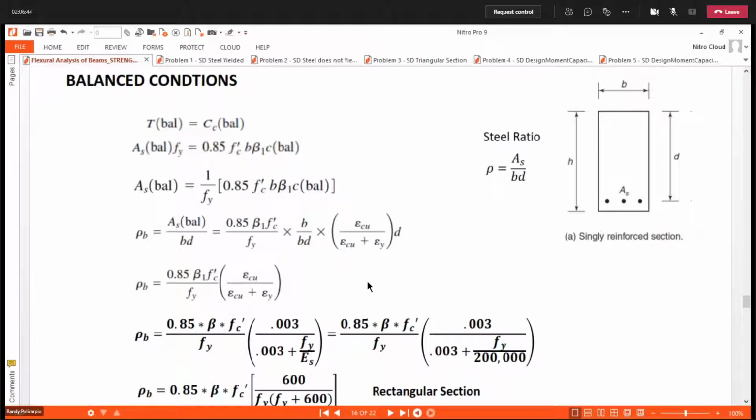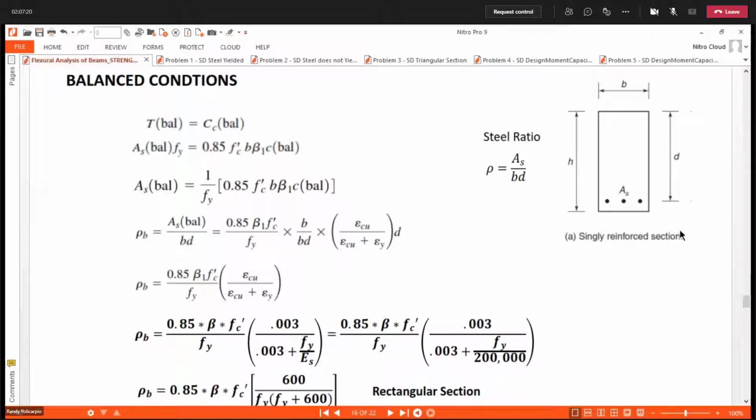Okay. And then our As balance, using the steel ratio rho. The steel ratio rho is equal to As over bd, with As referring to the area of the steel, b the base of the section, and d the effective depth.